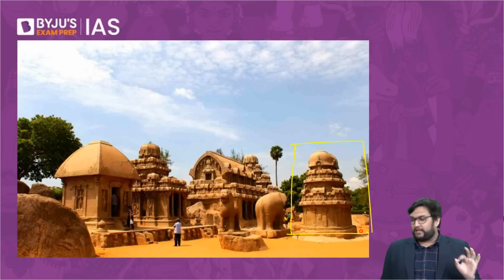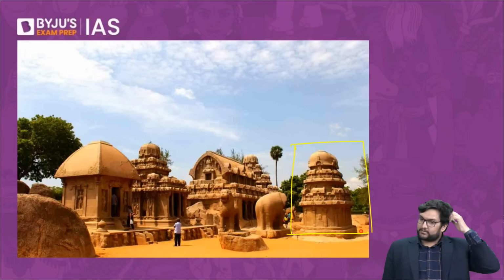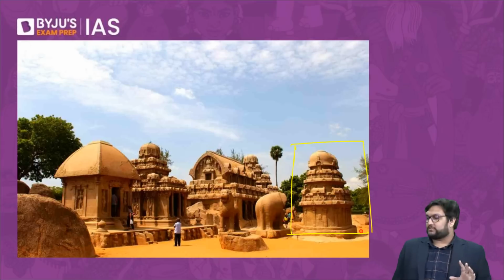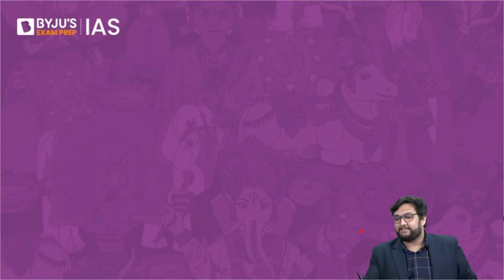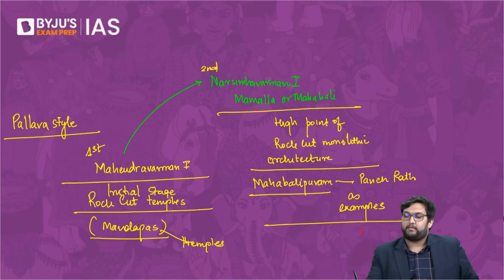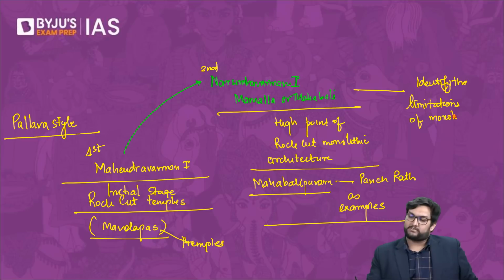And here the Pallavas realize that going down the rock cut monolithic path, there is a basic problem: they identify the limitations of monolithic rock structures.